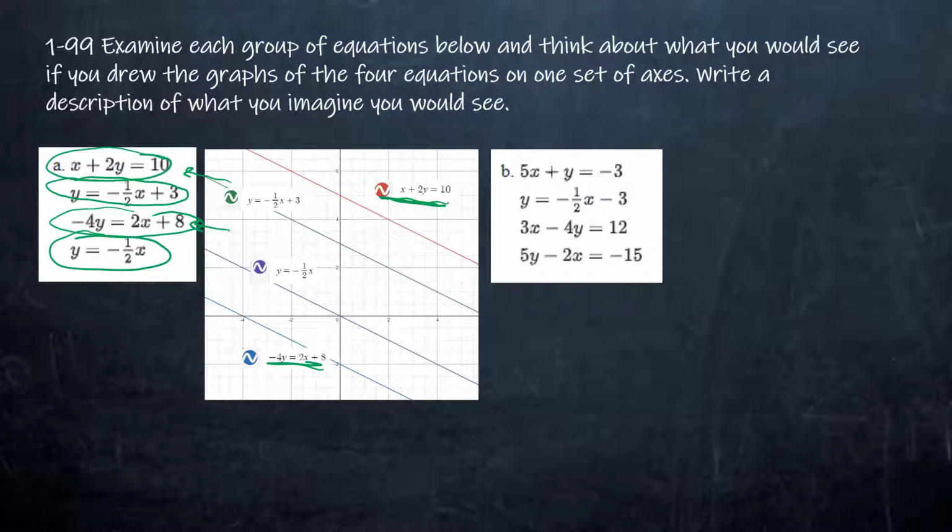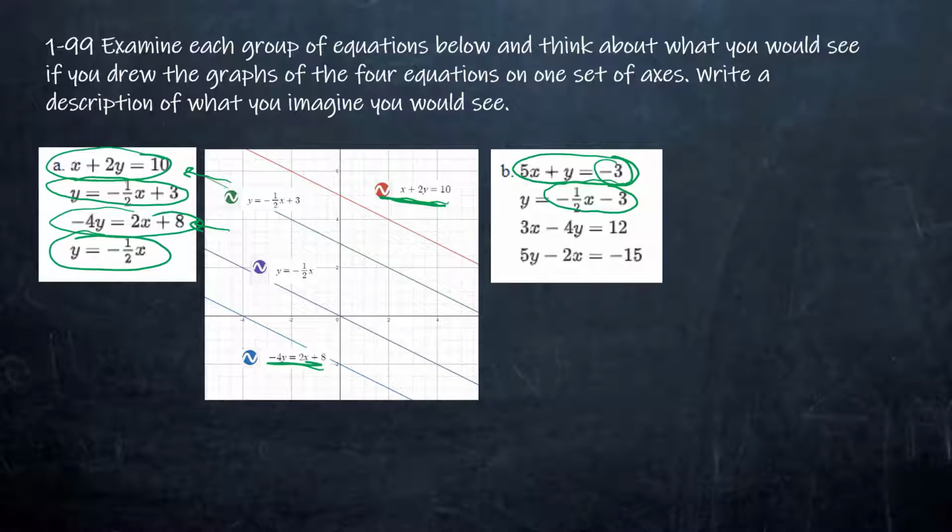Now this one's a little different. They've got multiple equations in standard form, and if you end up moving them over, you're going to find out that they all have the same y-intercept. So if I'm looking at this one, I see when I move all of these over to y equals mx plus b, that's going to be my y-intercept.